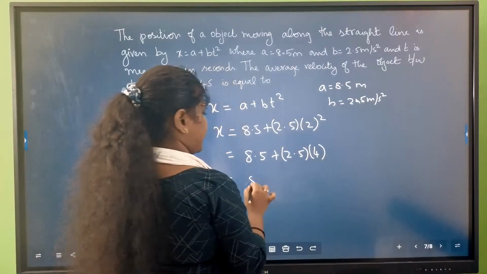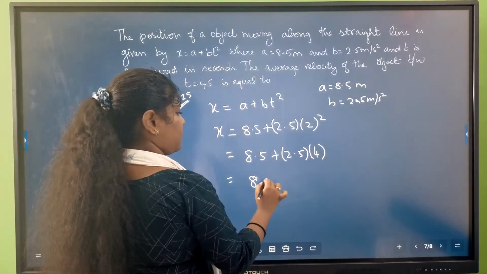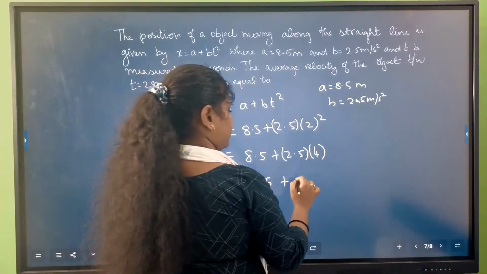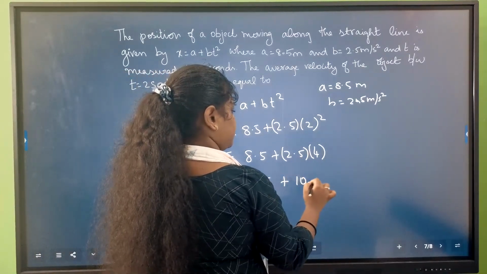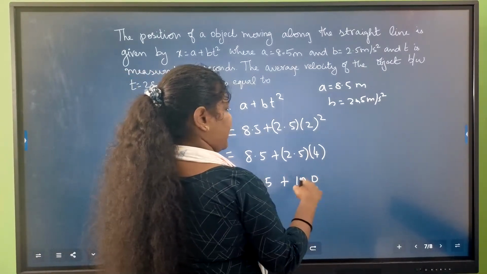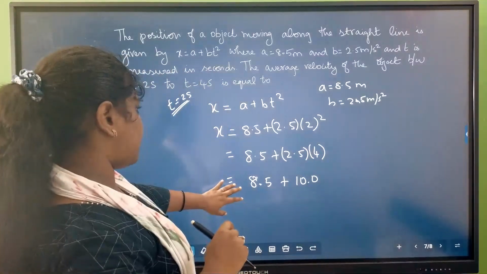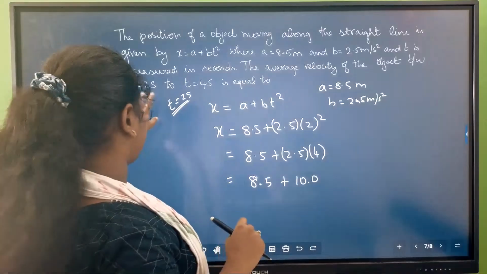So it is 8.5 plus 2.5 into 4. It will be, am I right? Yes, 10. This is your x for t equal to 2 seconds.